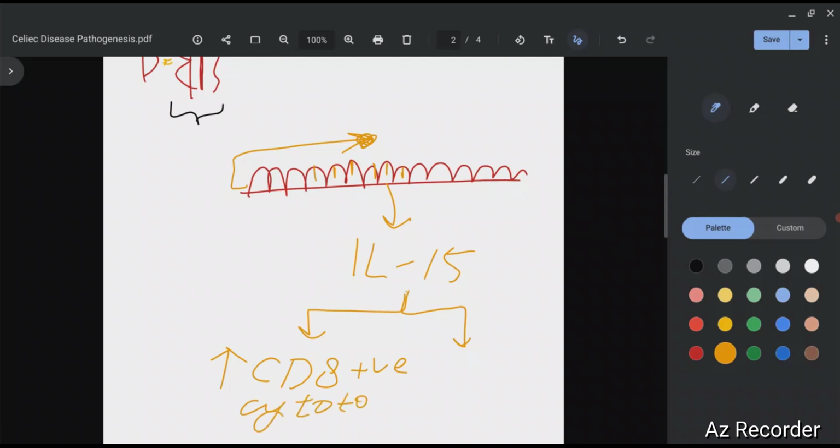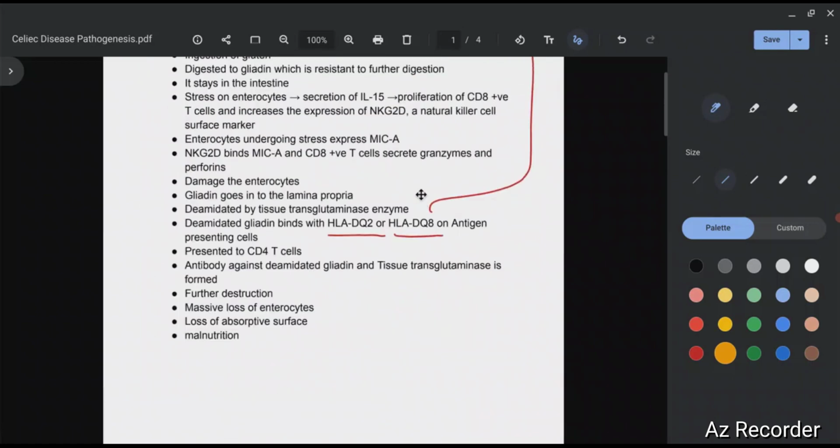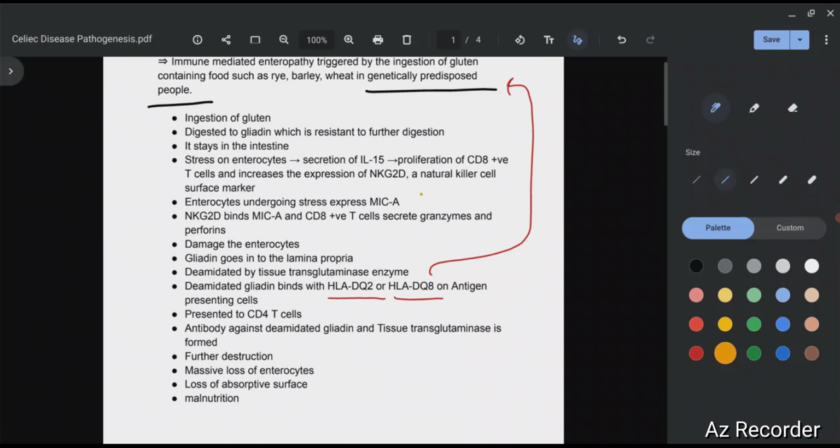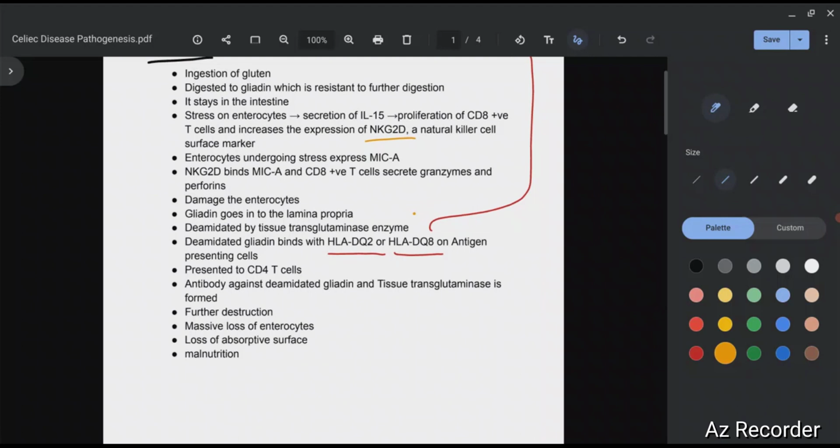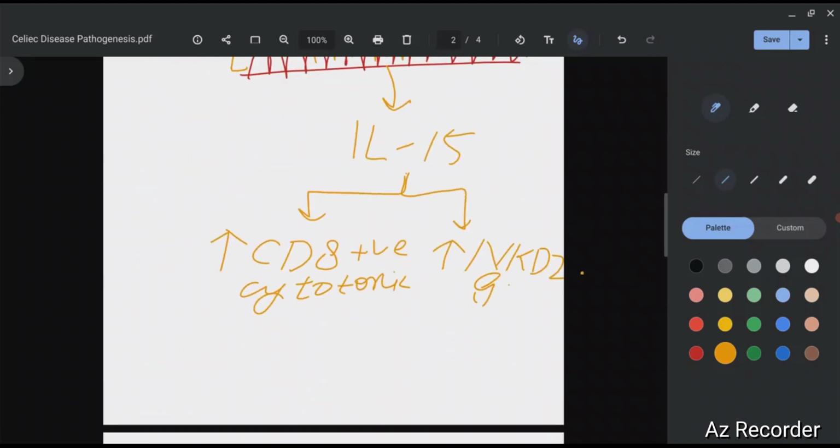And interleukin 15 also increases a natural killer surface marker on the surface of cytotoxic T cells, classically known as NKG2D.